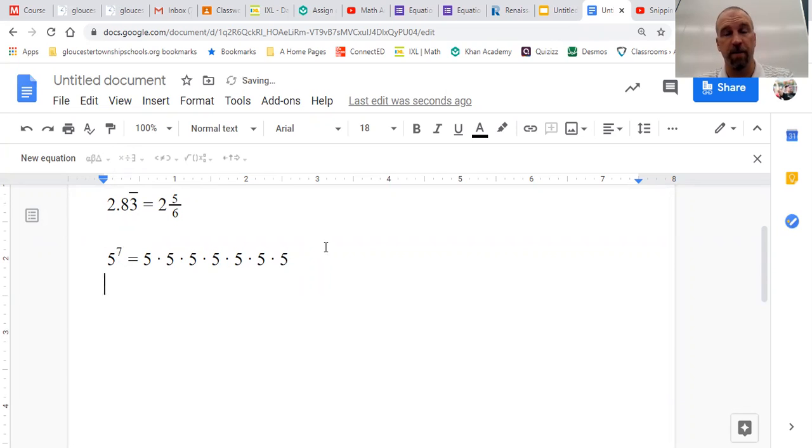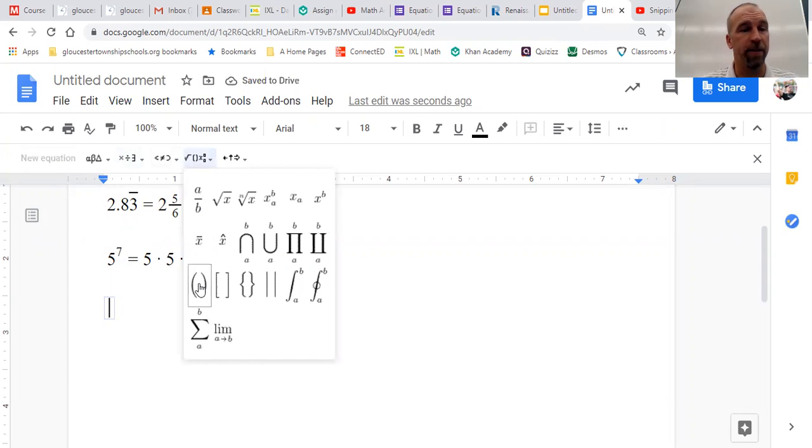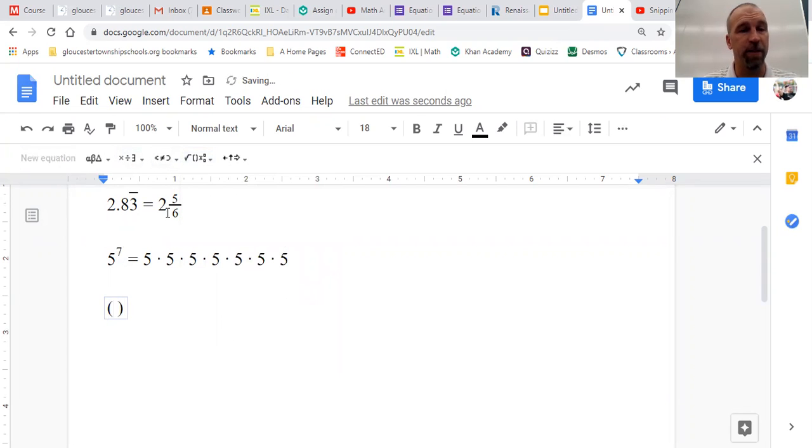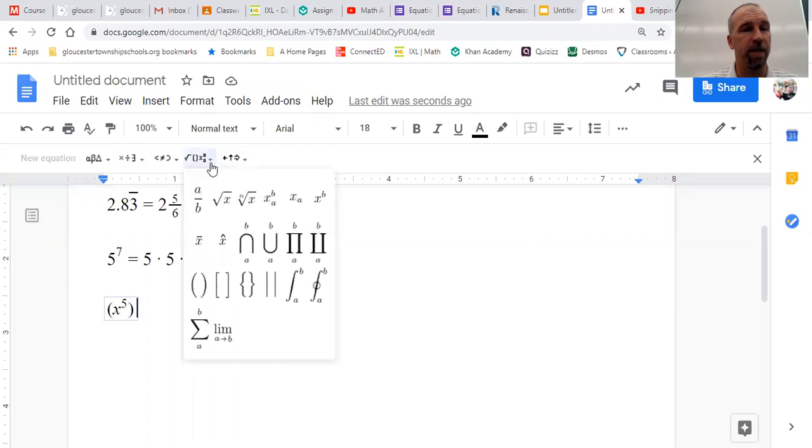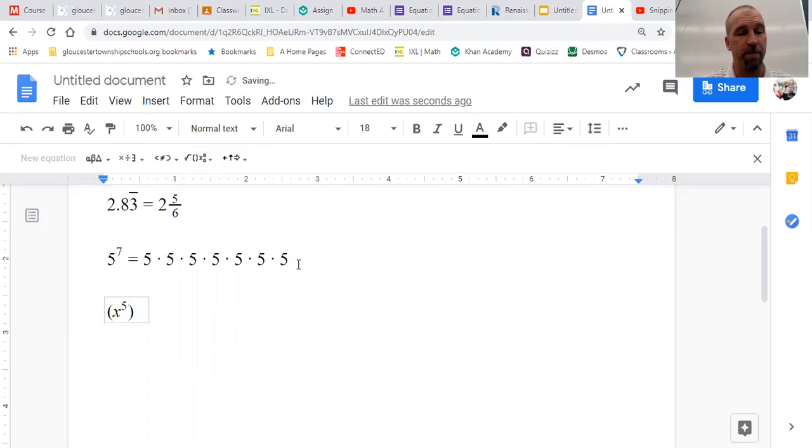What if I need to do a power of a power in parentheses? Well, new equation. I can start my parentheses. Now inside the parentheses, I know I'm going to have an exponent. So let's say it's x to the, arrow, move my cursor up, 5th power, move my cursor to the outside, and I want that to be an exponent again, and my power is 4. x to the 5th power to the 4th power.